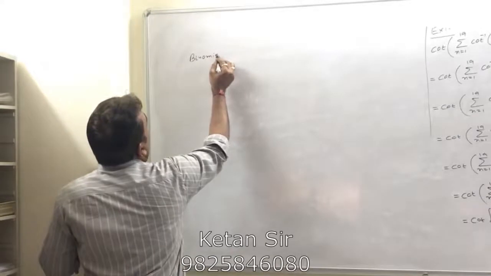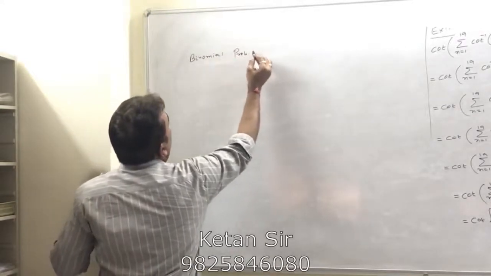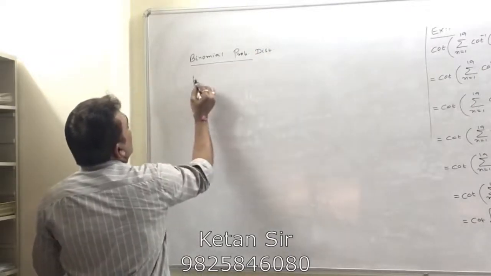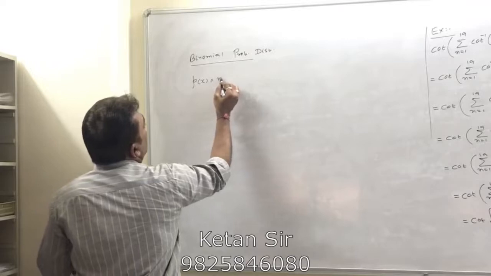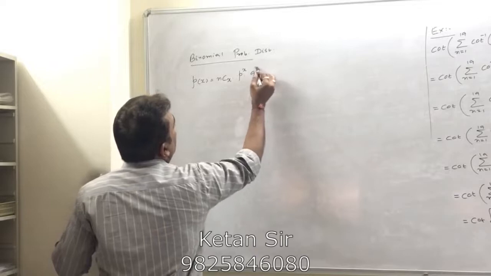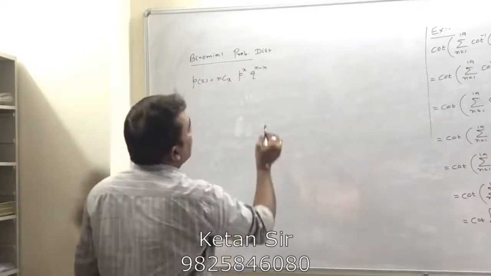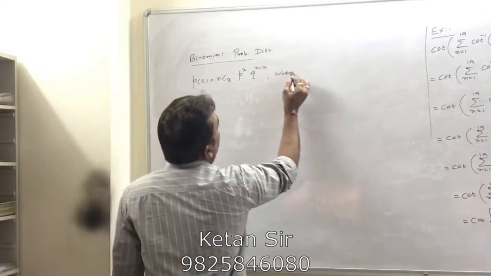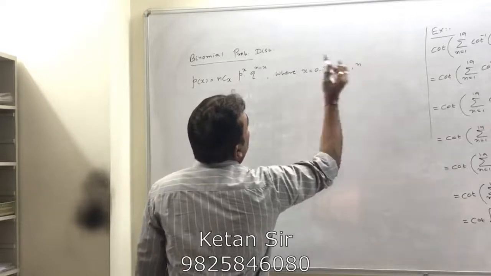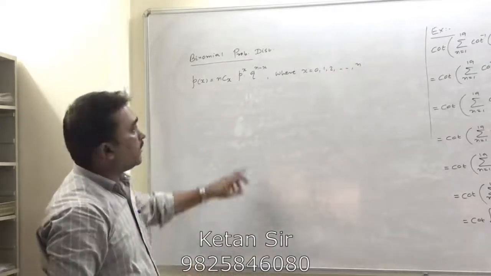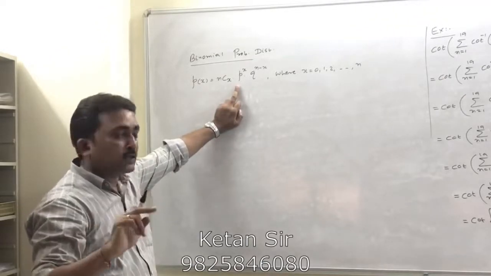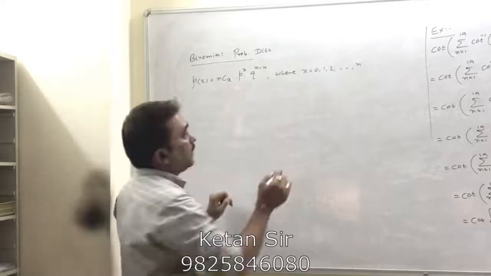In binomial probability distribution, you know that P(x) is nCx into P raised to x, Q raised to n minus x, where x is equal to 0, 1, 2 up to n, where P is the probability for the success and Q is the probability for the failure.